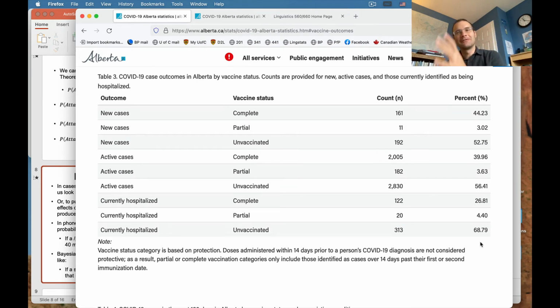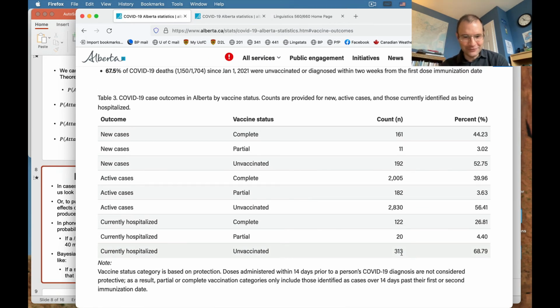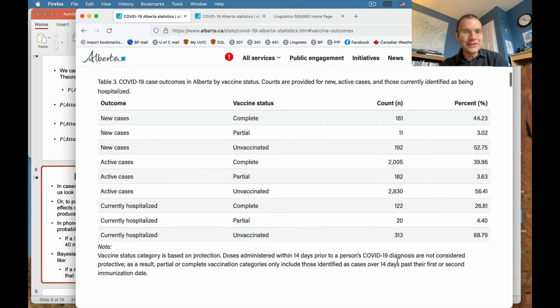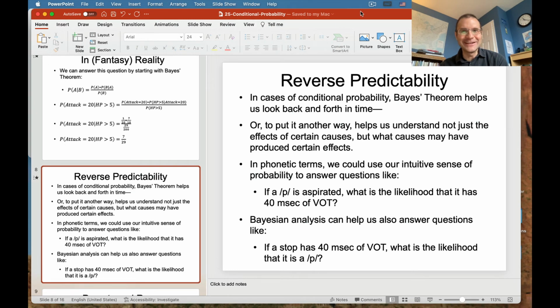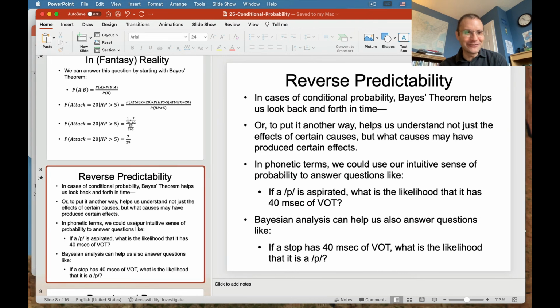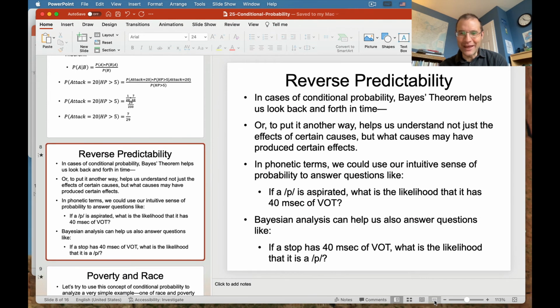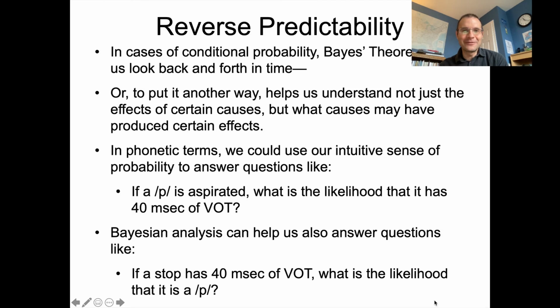The more feed-forward way to look at it is, if you're vaccinated, you're less likely to go into the hospital, right? That's the flip you have to make in your mind to see where this can become useful. And I'll say overall, getting vaccinated is useful for a wide variety of reasons, but hopefully you already know that. Anyways, reverse predictability.